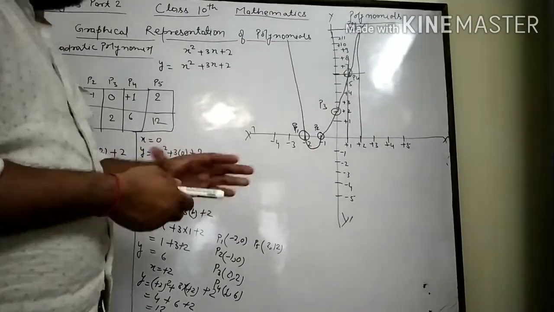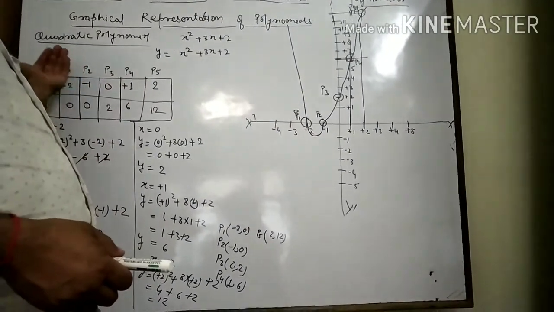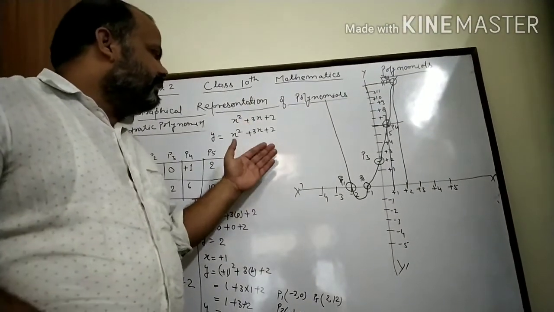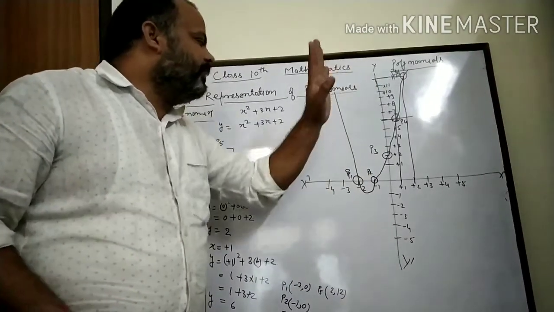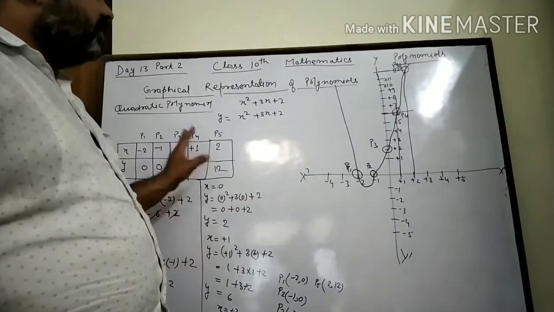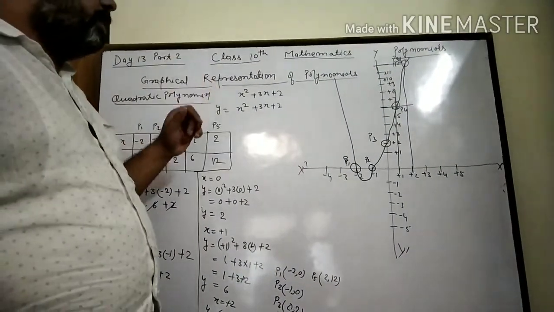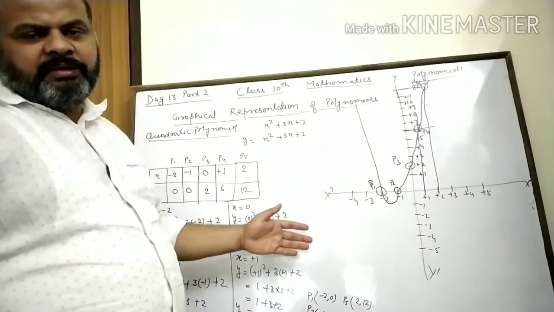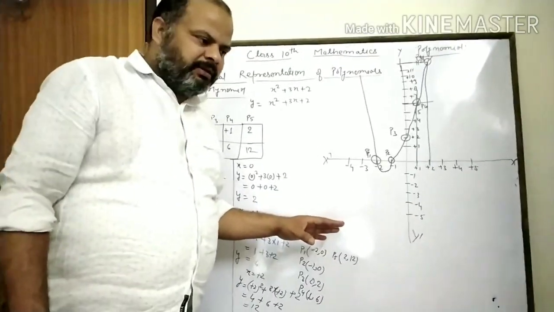Suppose if we have more points, if you take minus 3, minus 4, minus 5, then our graph is like this way. Then it is P1, P2, P3, P4 and P5. In this way you can represent it on a graph. Suppose if you have a cubic polynomial, then you can do the same process, as with the quadratic polynomial. Is that clear? Okay, thank you.